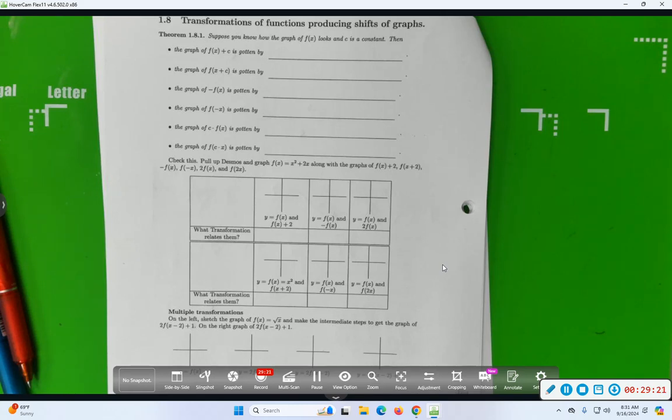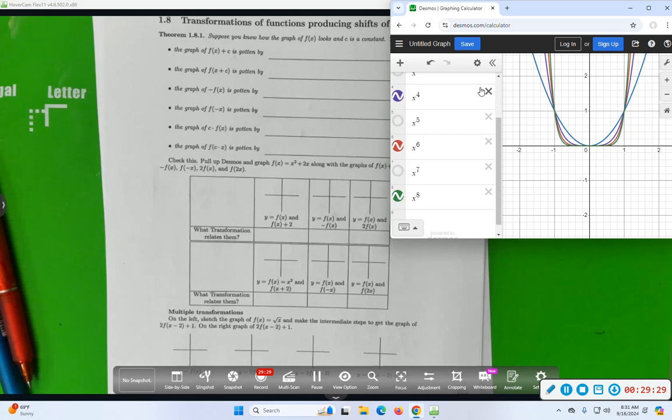Maybe just see something. Let's have Desmos sketch a graph of that, and you'll tell me how it compares with just absolute value.